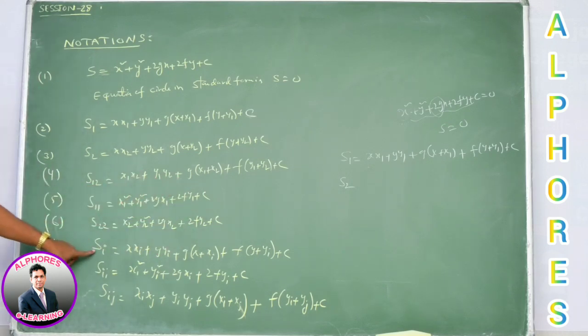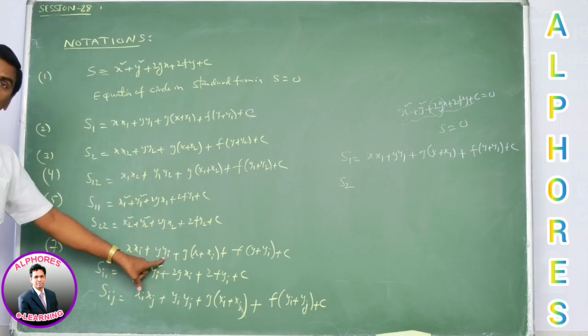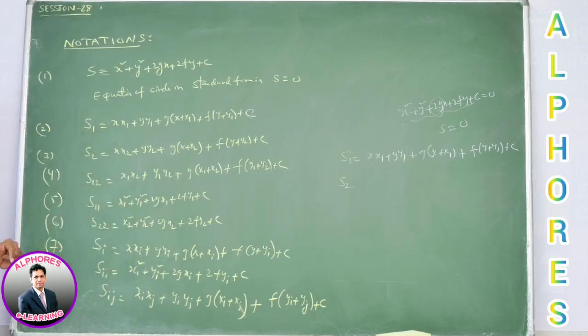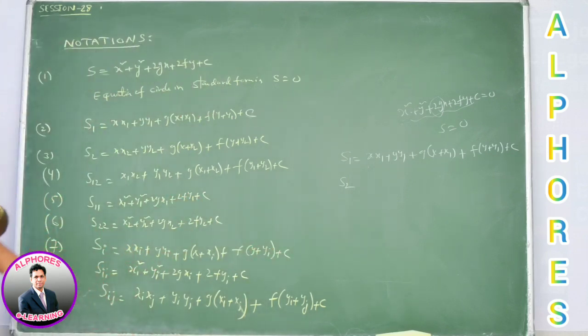Next, S suffix i, in the same way as S1: x into x suffix i plus y into y suffix i plus g(x + x suffix i) plus f(y + y suffix i) plus c. Next, S suffix ii. Already we know the notation of S11: x1² + y1² and so on. Here we substitute the point (x suffix i, y suffix i) in the given equation.